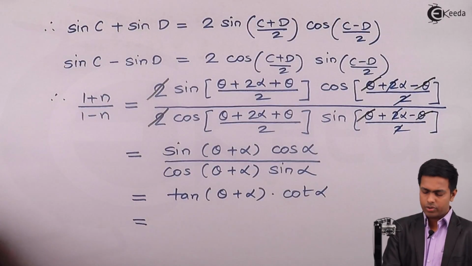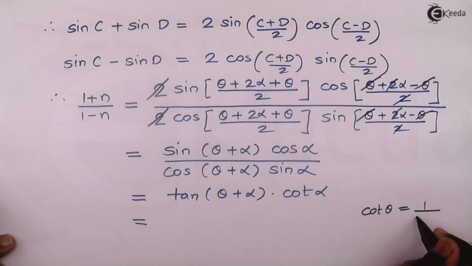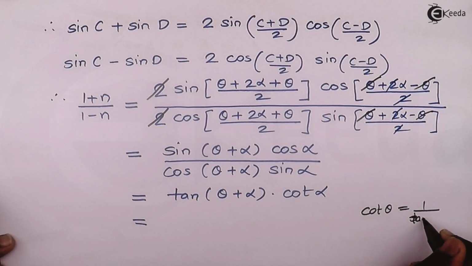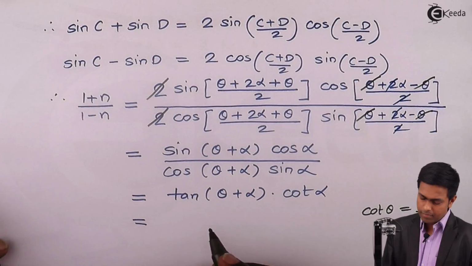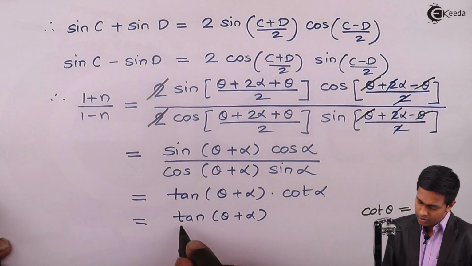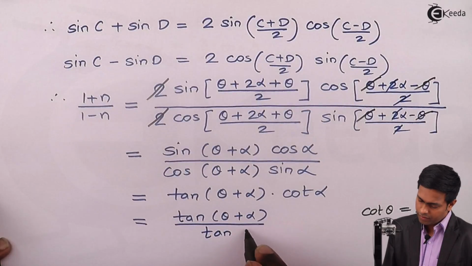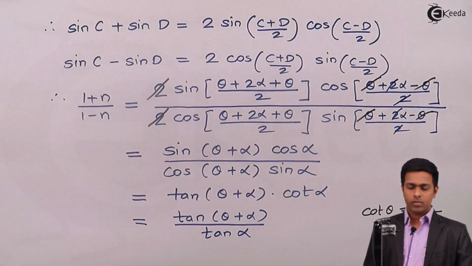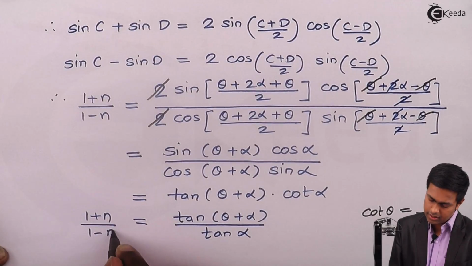We know that cot of theta is 1 upon tan of theta. By this property, this will become tan of theta plus alpha upon tan of alpha, and this is the value of 1 plus n upon 1 minus n.